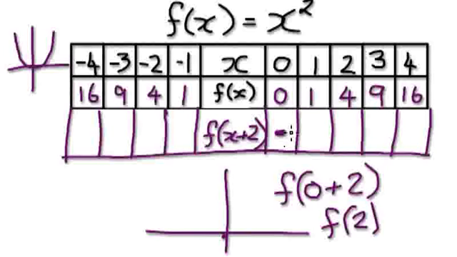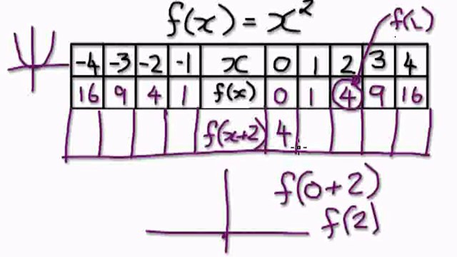So what goes in here will be the equivalent of f of 2. You see, this number 4 here is really f of 2. So this here would be 4. If you put 2 into this function, it will be 2 squared, which is 4.